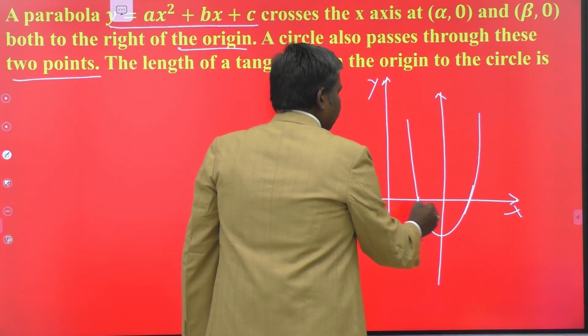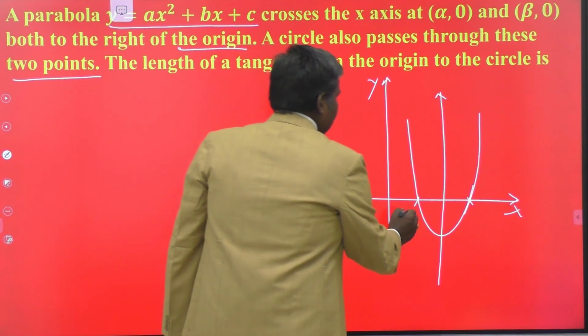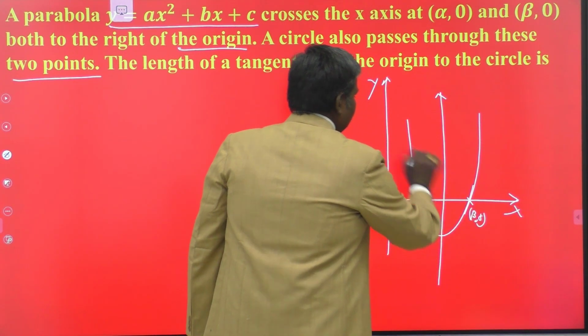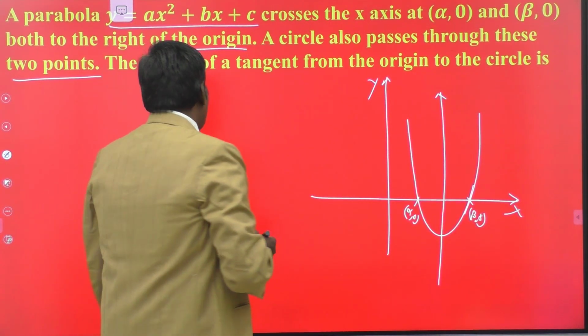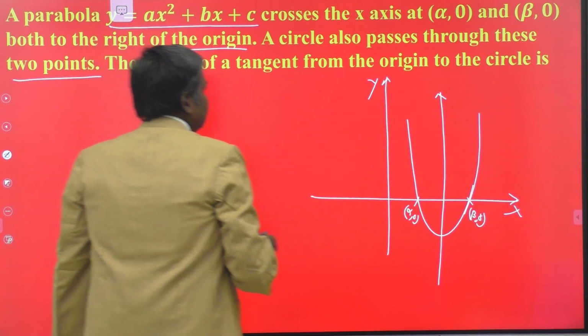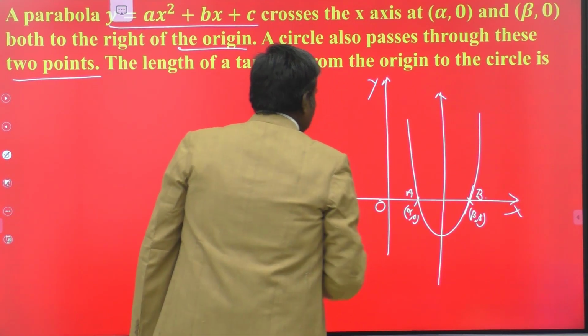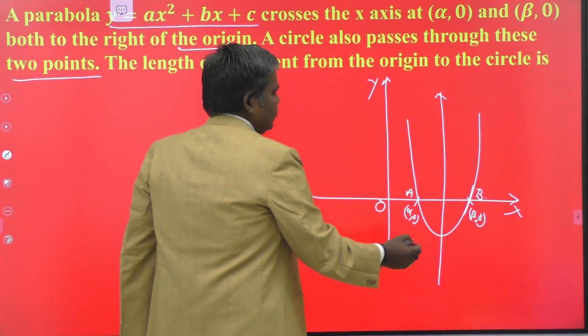It intersects the x-axis at 2 real distinct points, that is alpha comma 0 and beta comma 0. This is the entire given information to you. And one circle is drawn through these 2 points. Suppose this is the point A, this is the point B, and this is the origin O. Let us see.